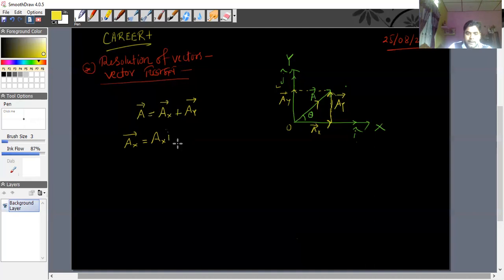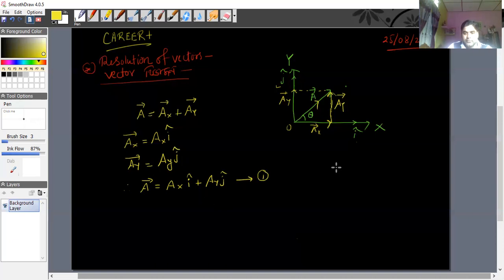I cap. Similarly, AY vector has magnitude AY and direction j cap, because the unit vector of the y-axis is j cap. So therefore we can simply write A is equal to AX i plus AY j. So this is equation number 1.